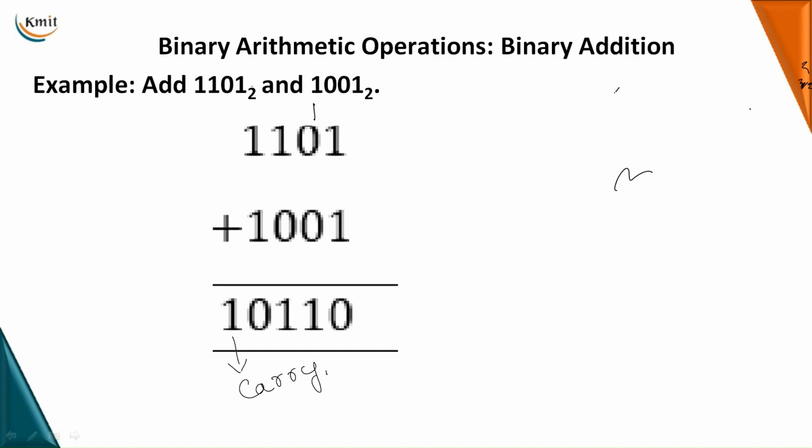Next, 1 plus 0 is 1. Finally, 1 plus 1 is 10. So 10110 is the resultant sum.